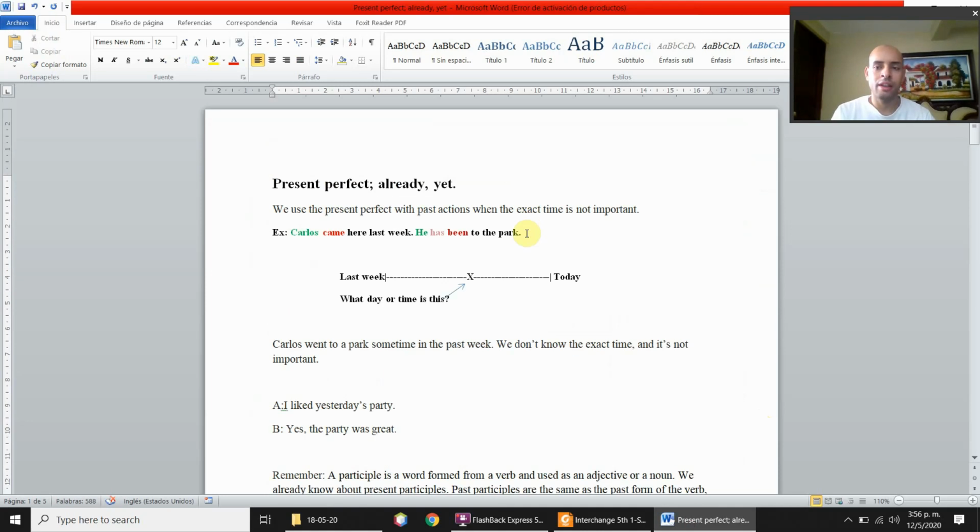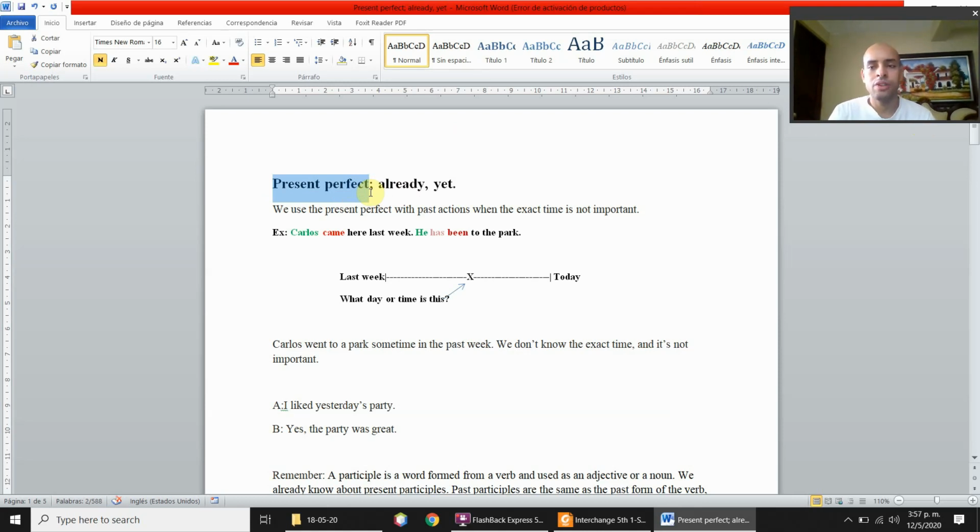So before I begin, I'm going to make a suggestion. This topic might be a little bit confusing for some people, so I suggest that you go and look for the definition of the present perfect in Spanish, so you have a better idea of what present perfect is.